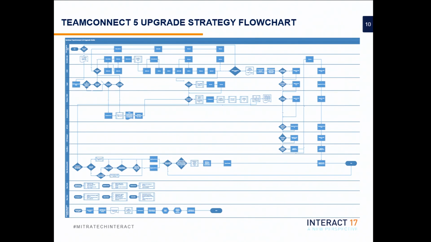Based upon whether your version is TeamConnect 3.x or 4.0, we have created a flowchart for a comprehensive strategy: how to upgrade from 3.3 or 4.0 to 5.0, how to upgrade the data warehouse, how to upgrade the financial management module. We will also be sharing this PDF guide with you so that you can use it.